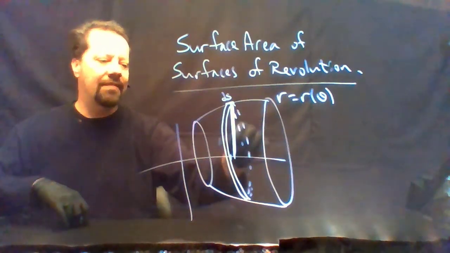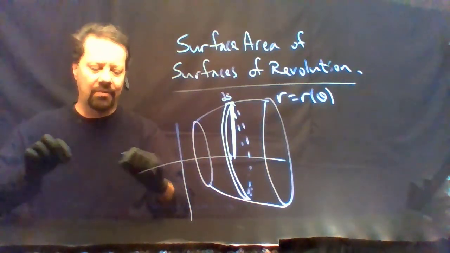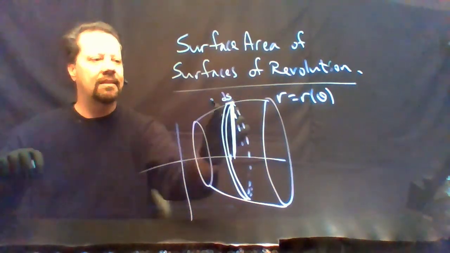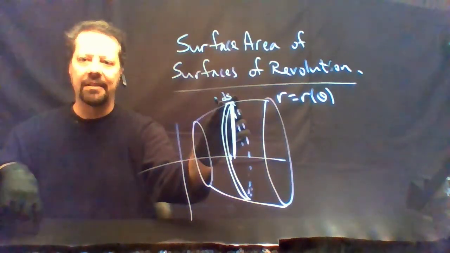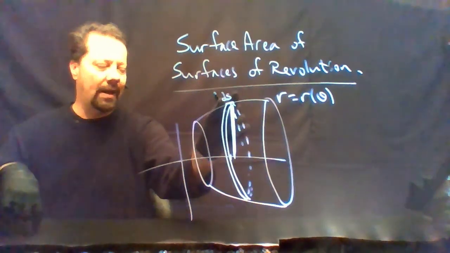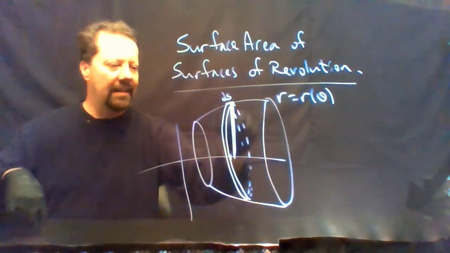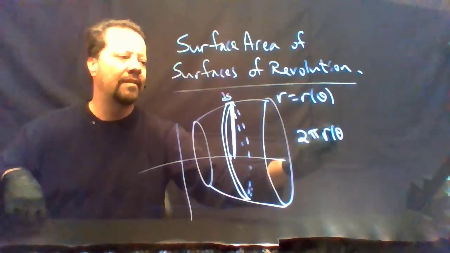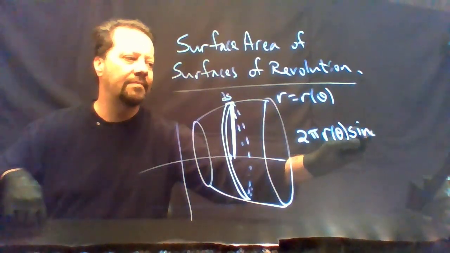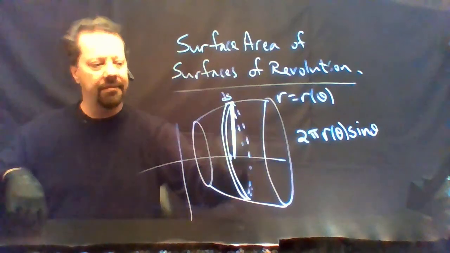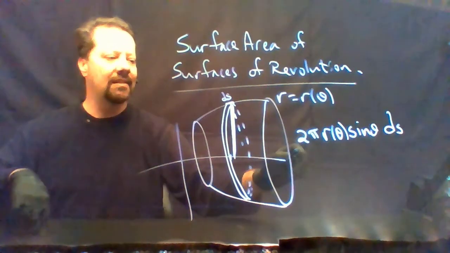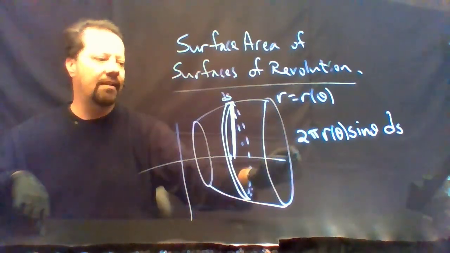So the area of that little strip, if we were to unroll it, snip it and unroll it, would be the length around times this little element of arc length, wide. The length around is 2 pi times y. Y is given by r of theta sine theta. So this is the circumference around. We multiply that by ds to get a little element of surface area.